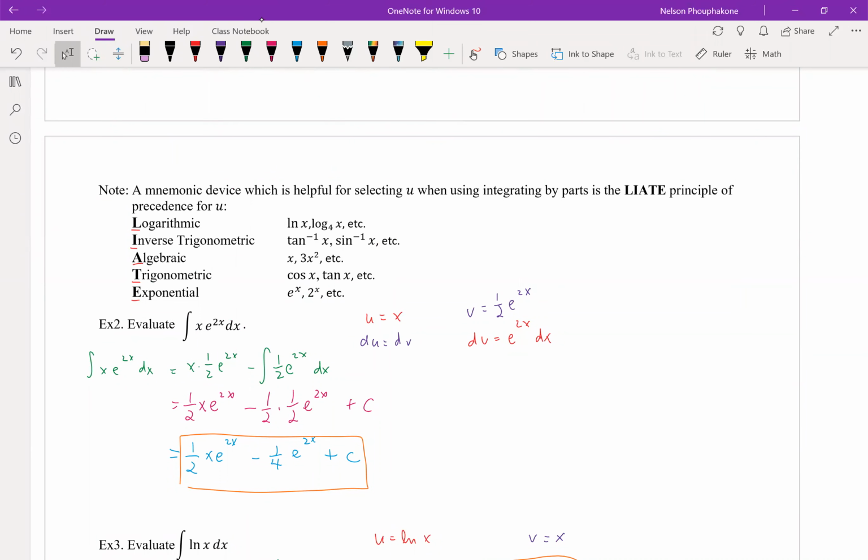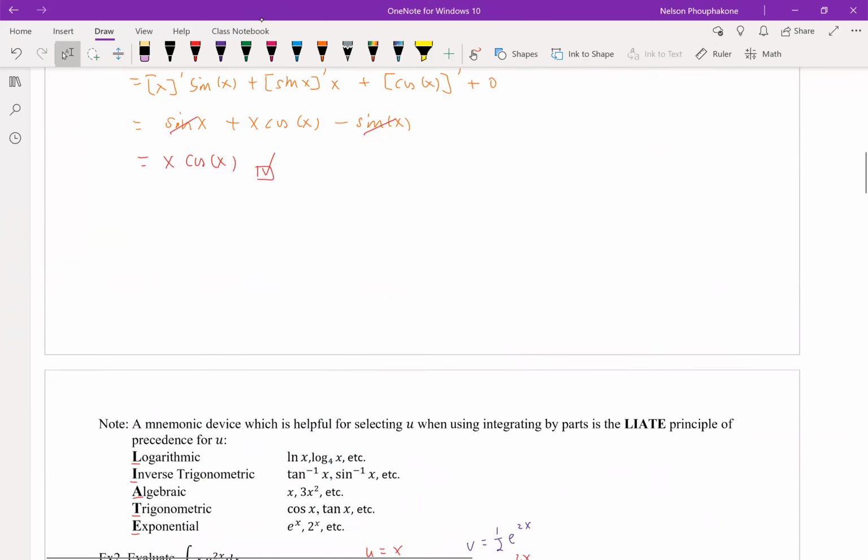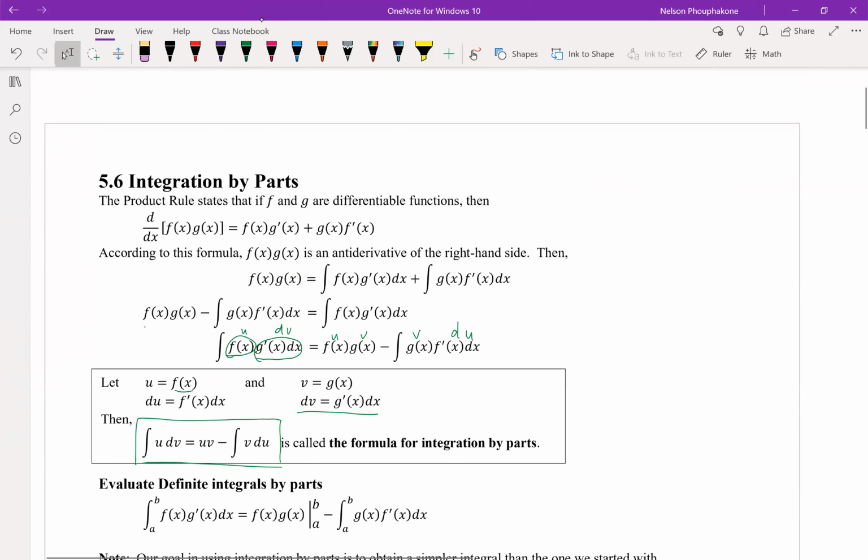And when you choose which one to be u and which one to be dv, you could use this order right here to help you figure it out. Thank you.